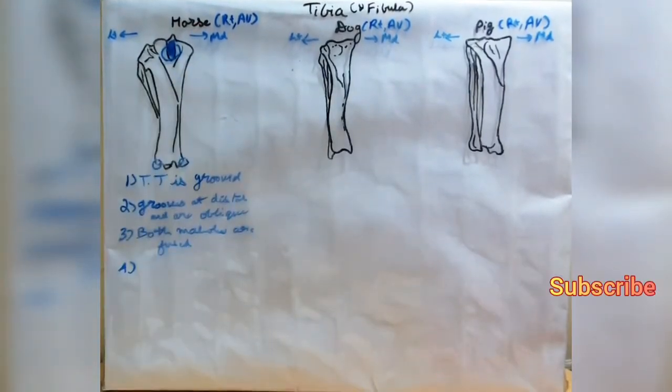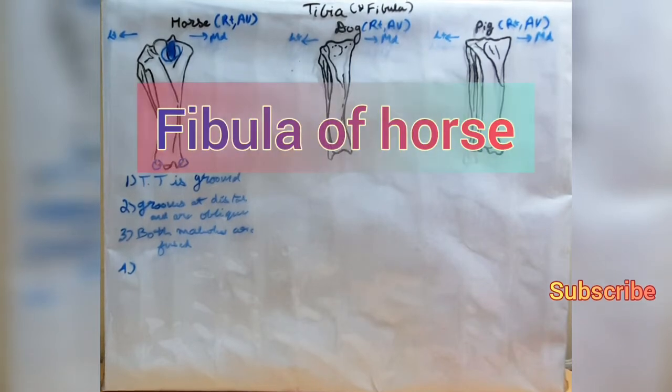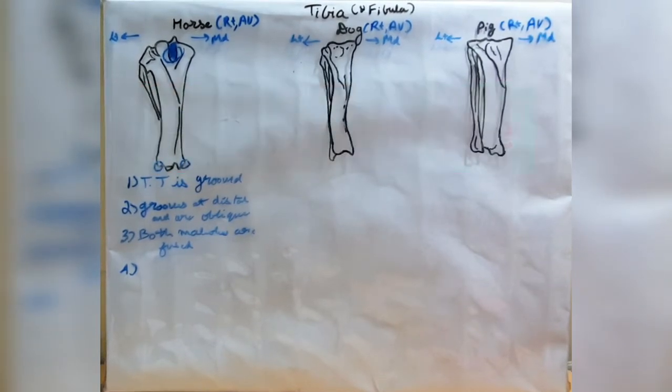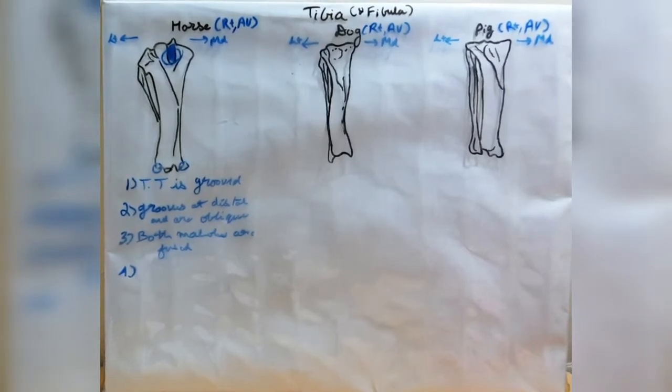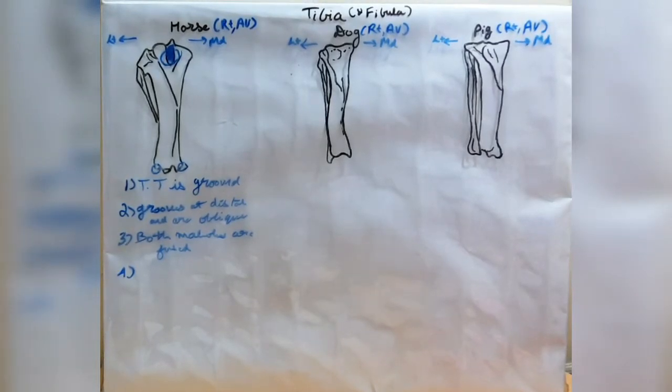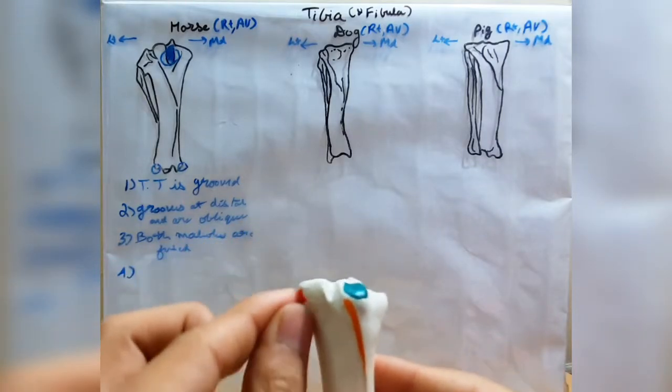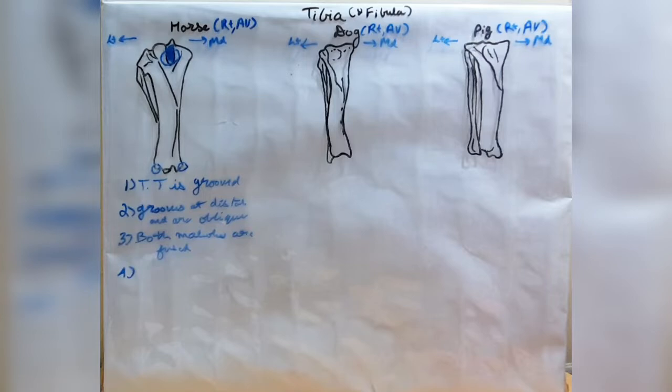Okay, now let us come to the fibula of a horse. So unlike cattle, the fibula of a horse is not that ill-developed. It is somewhat ill-developed. It is a very slender bone, but it is there. Of course, unlike ox, the fibula is not just a pointed projection.